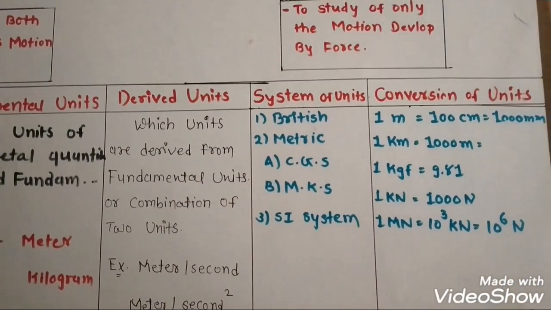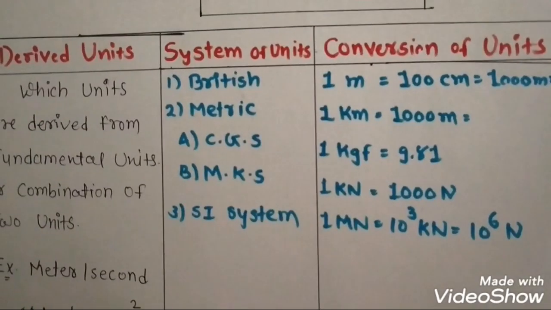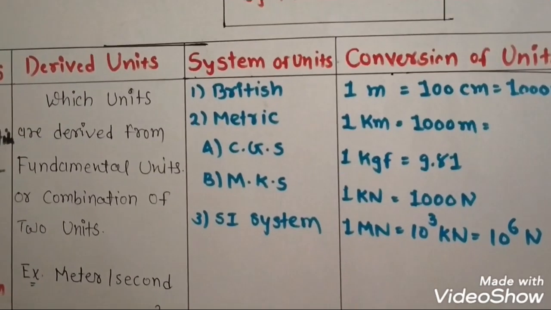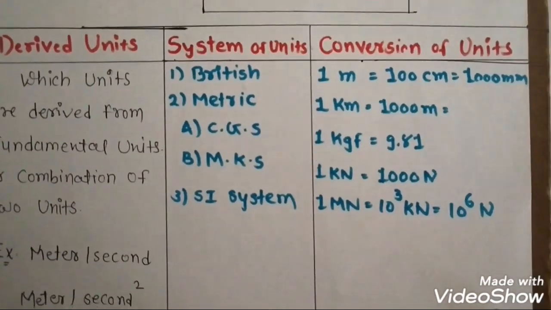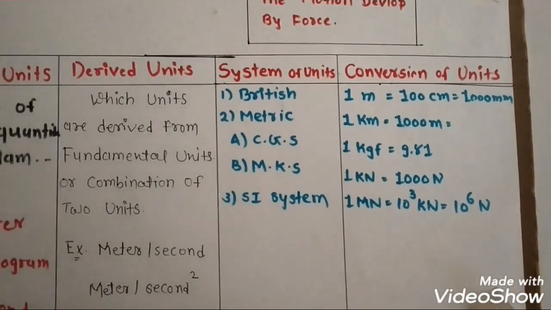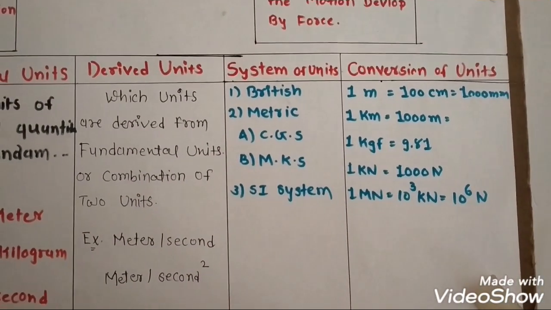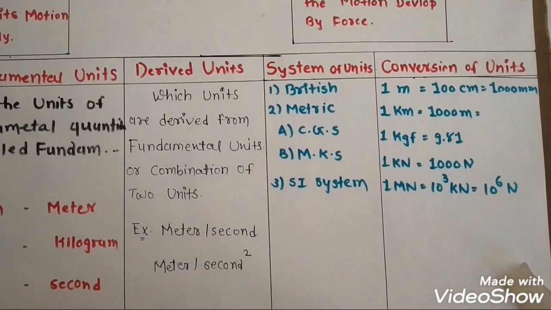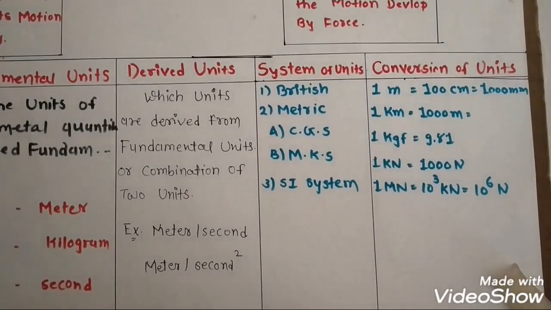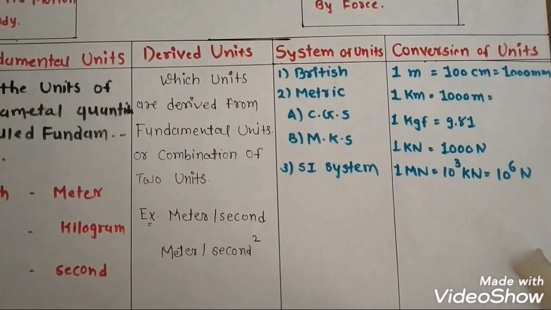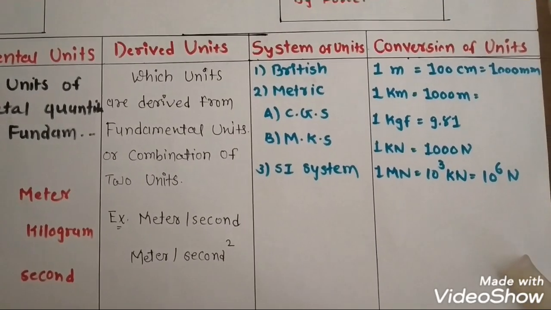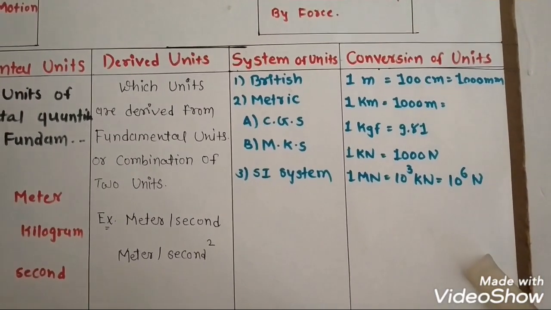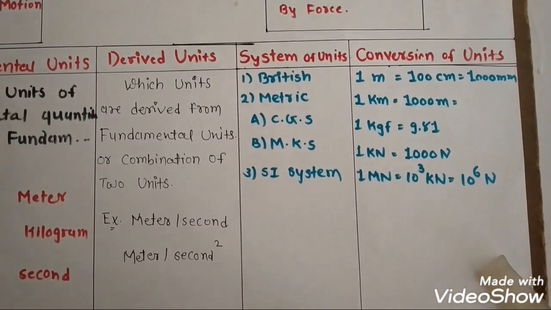Then after that, system of units. In the system of units, there are three systems. First is the British system. The British system is used in Britain, also in England. In the British system, there is the FPS system, foot, pound and second method, which we talked about in the first lecture of Sem 1 in engineering physics. Then the second method is metric.